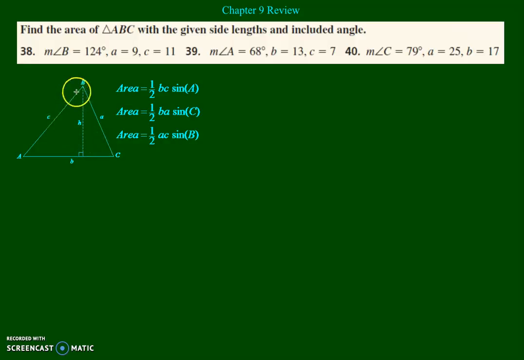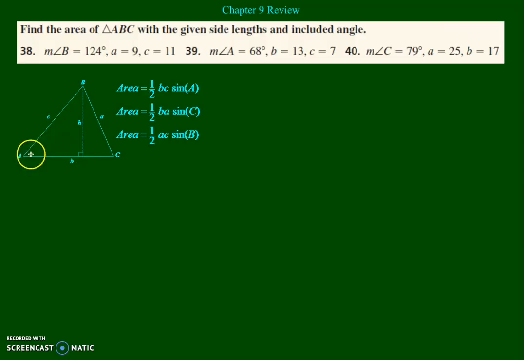To find the area of this triangle, we know it's 1/2 base times height. But if we're only given partial information and we don't have enough information to calculate exactly the height of the triangle, then we have to use some trigonometric functions. And so the 1/2 the base, for example, if we start at this angle, 1/2 base is 1/2 side B times the height.